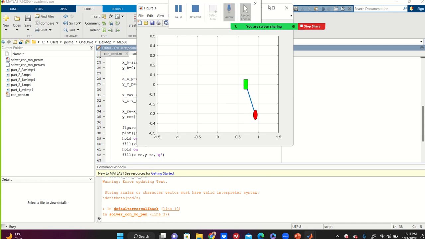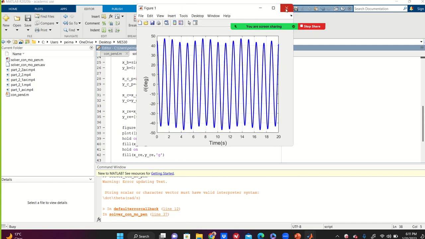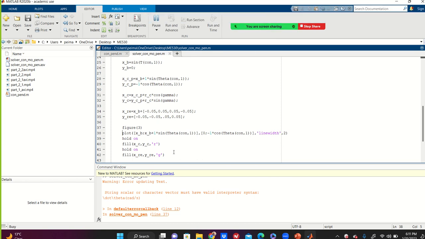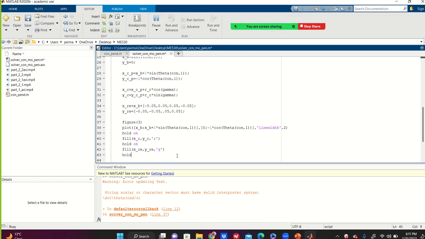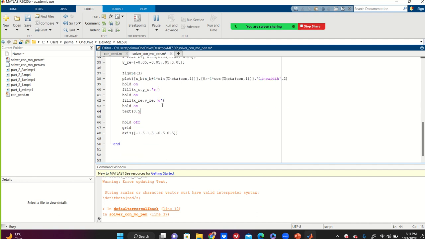So that's it. Even that, you can add, saying hold on, hold on. You say add the text saying at 0.5 and 0.5 and 0.25 and make it as 0 actually.